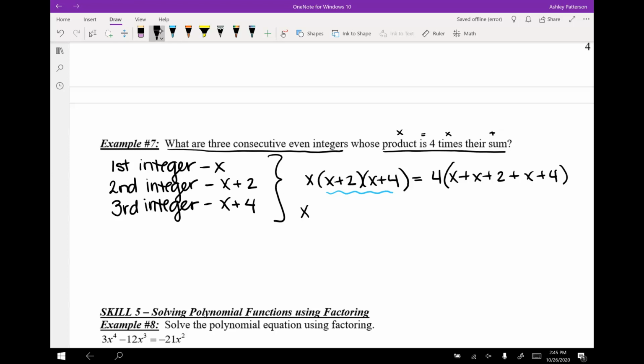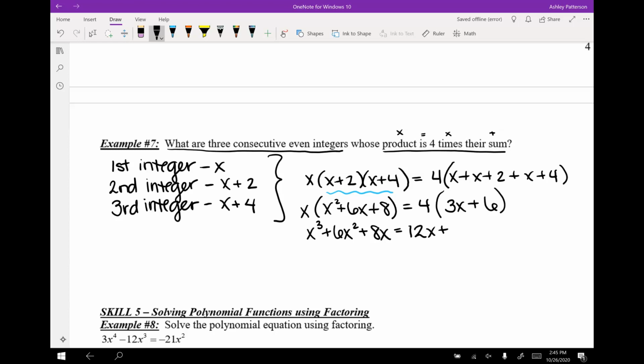So I get x times x squared plus 6x plus 8 is equal to 4 times, well, we have 3 x's, and then 2 plus 4 is 6. All right, now I'm going to distribute the x inside. So we get x cubed plus 6x squared plus 8x is equal to, let's distribute the 4, 12x plus 24.